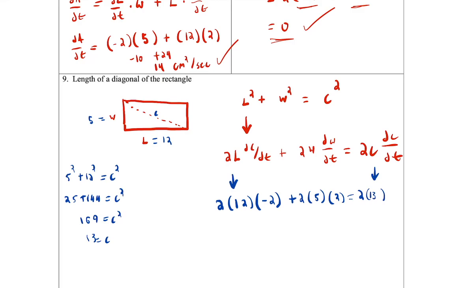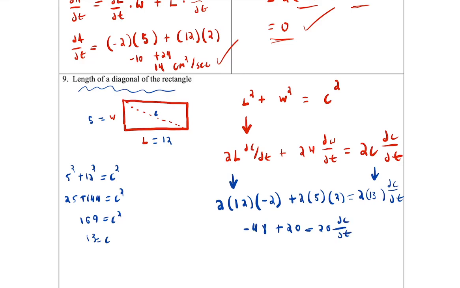So c is 13. dc/dt we don't know, right? Because we were trying to find how fast the diagonal of the rectangle was changing. And so overall here, we can do this all out. This is going to be negative 48 plus 20 is equal to 26 dc/dt.